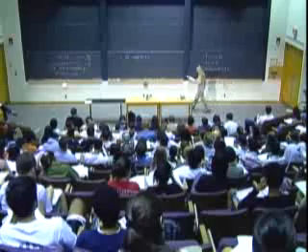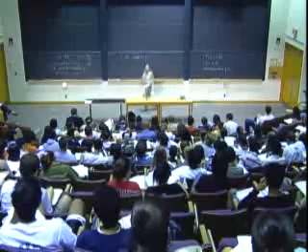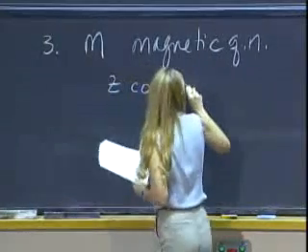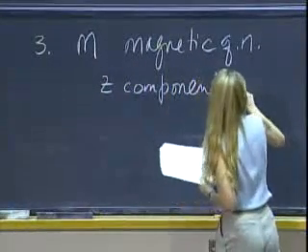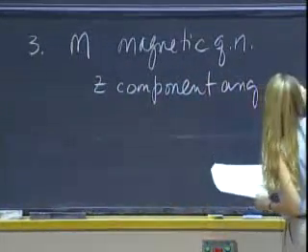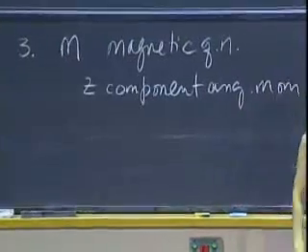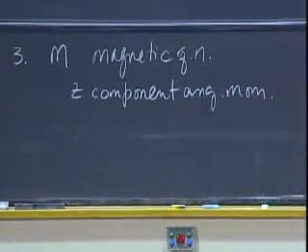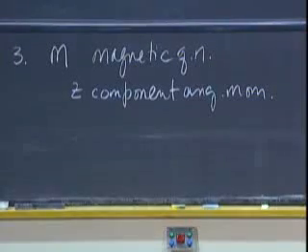But more precisely, m is the z component of the angular momentum. L is the total angular momentum. m dictates the z component of the angular momentum.